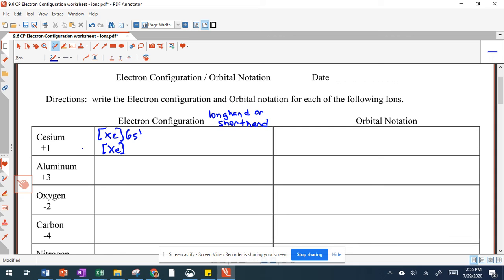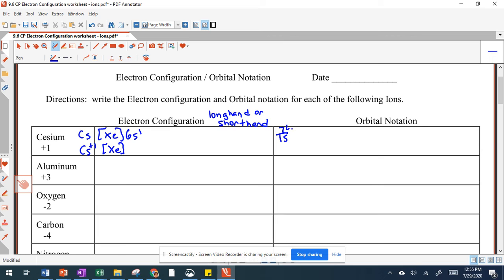So this is cesium +1, and this is cesium. So it becomes isoelectronic with a noble gas. Now, when we write the orbital notation, you may be tempted to just write down brackets xenon, but there is no such thing as a shorthand configuration in orbital notation. So we're going to have to just write that out.